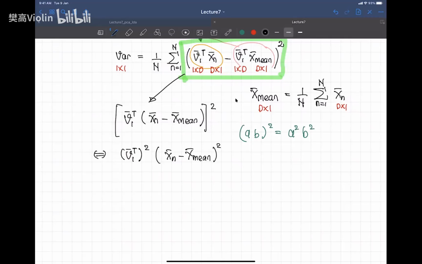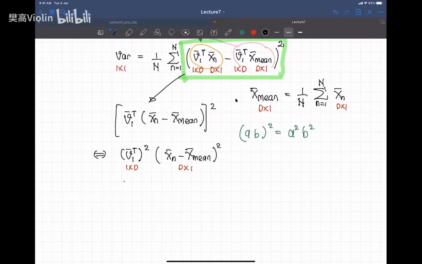Well, this is not really a good way of squaring, because this one is 1 by d, a vector, and this one is d by 1, also a vector. A vector cannot be squared. So this is an abuse of notation here. I will do it more properly now.